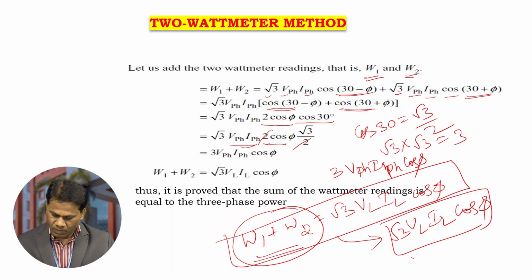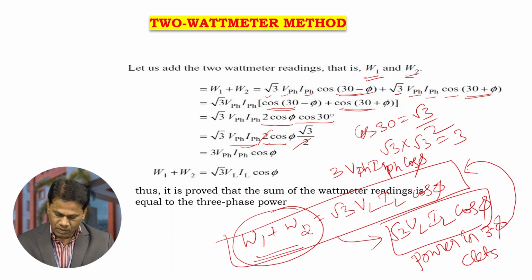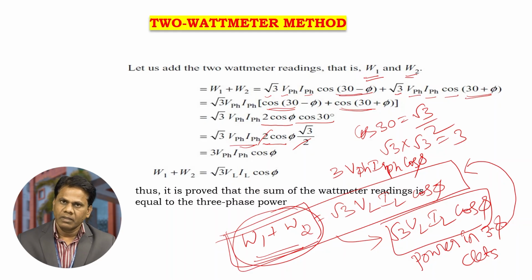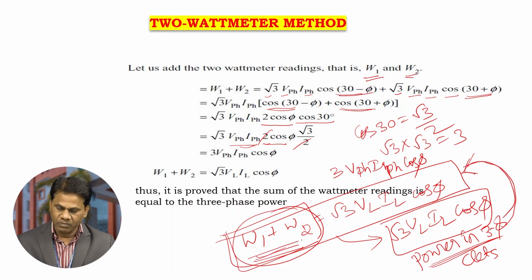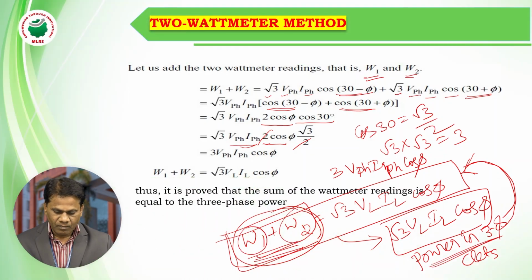This is the way we measure power in a 3-phase circuit: the power is equal to the sum of the two wattmeter readings W1 and W2.